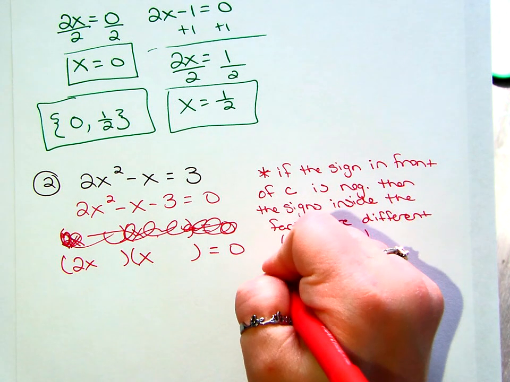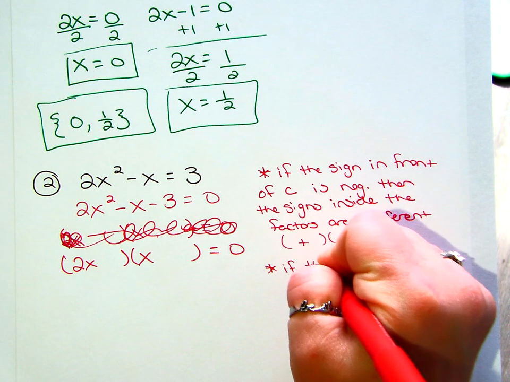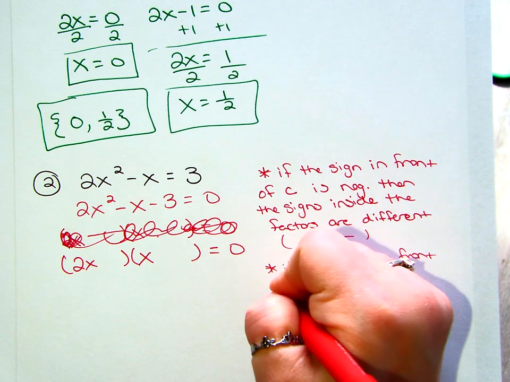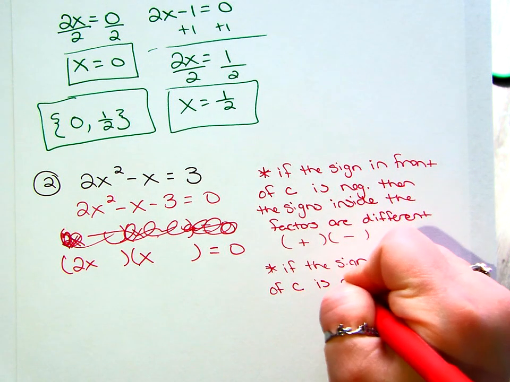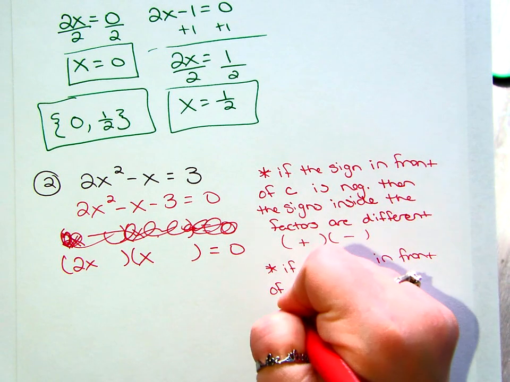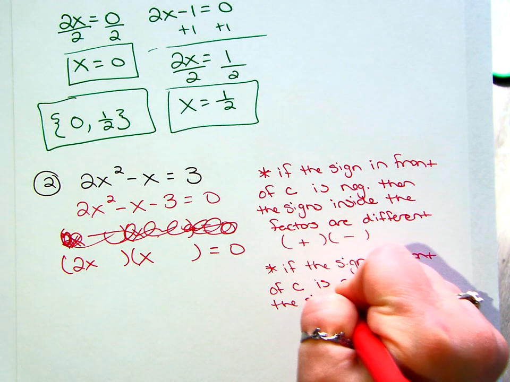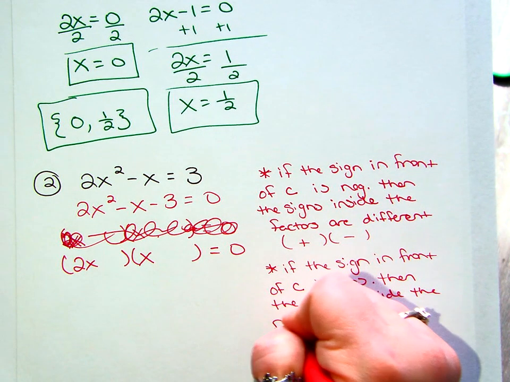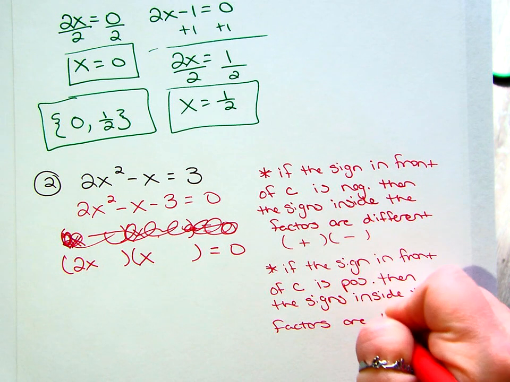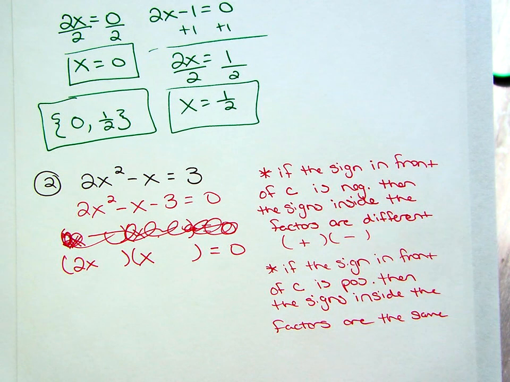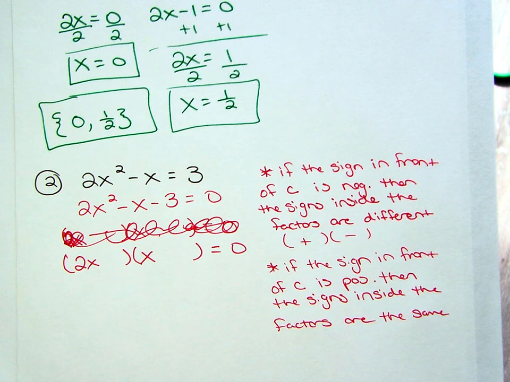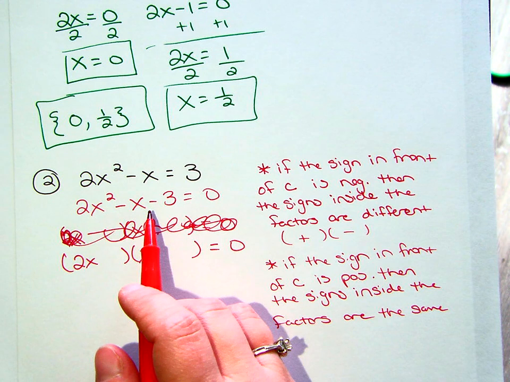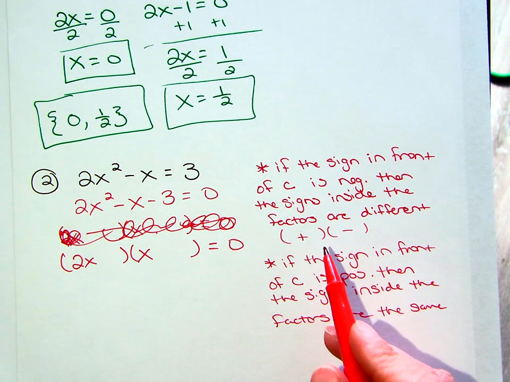The flip of that is if the sign in front of C is positive, then the signs inside the factors are the same. If the sign in front of C is positive, then the sign inside is going to be the same. Well, how do you know which one?